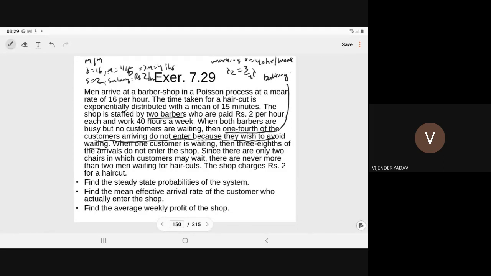Then when one customer is waiting, meaning 2 with the barbers plus 1 waiting, so lambda 3, then 3 by 8 of the arriving customers do not enter the shop. It means only 5 by 8 will join the system.